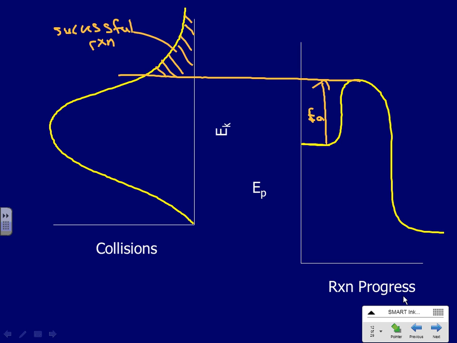Successful reaction. The EK is greater than that ET, that threshold energy that is needed. We call this the EA, but on this graph, we call it the ET. It's the same thing, right? Remember, I said to you it's the same thing, just looking at it from a kinetic energy point of view. So they will successfully react.